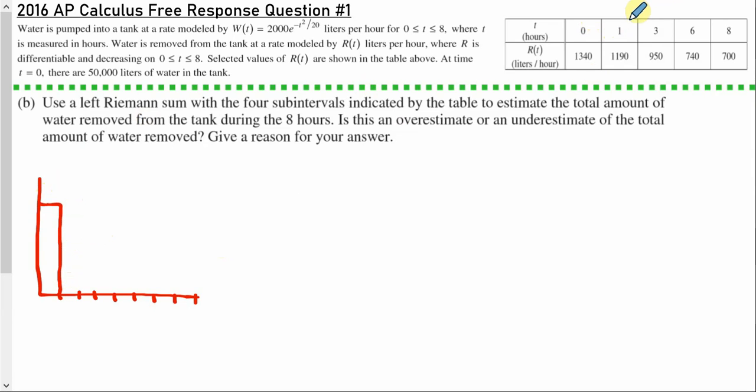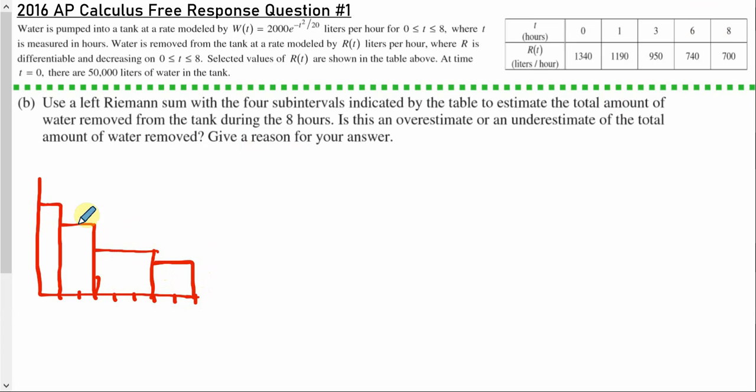Then the next one goes from 1 to 3, and it's a little lower. The next one goes from 3 to 6, a much wider box, and we started at 950, which again is a little lower. And our last box is 2 units wide, and it's 740 liters per hour.